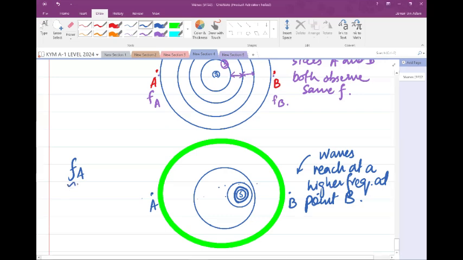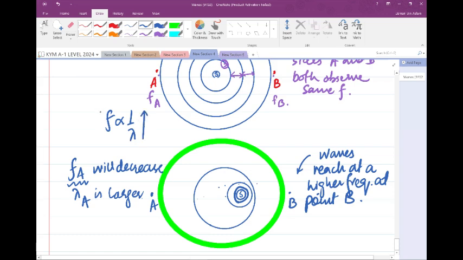So FA is going to be the frequency that will be detected at A. FA will decrease because the wavelength at A is larger. If we remember that frequency is inversely proportional to wavelength, if somewhere the wavelength increases, the frequency will decrease.